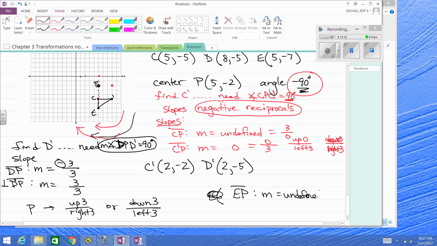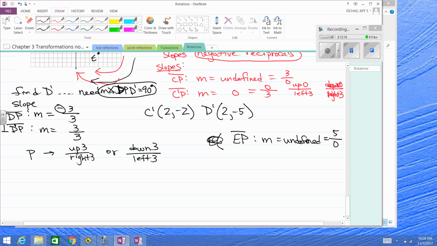To get it exact, you're looking at up 5 over 0. To be perpendicular to EP, we need E prime P. The slope needs to be 0. That's the perpendicular slope. So why don't we try to flip it, 0, and change the sign?